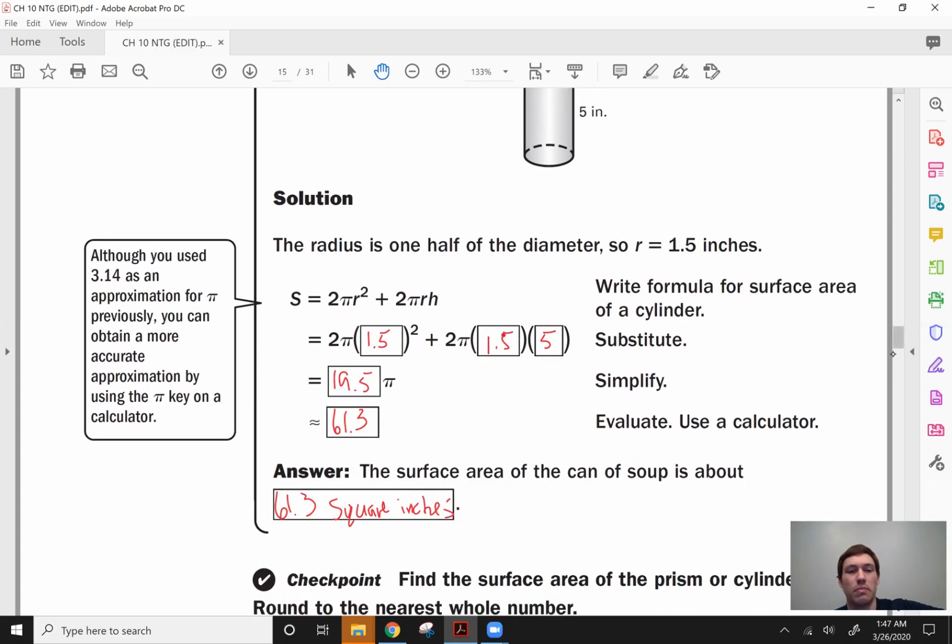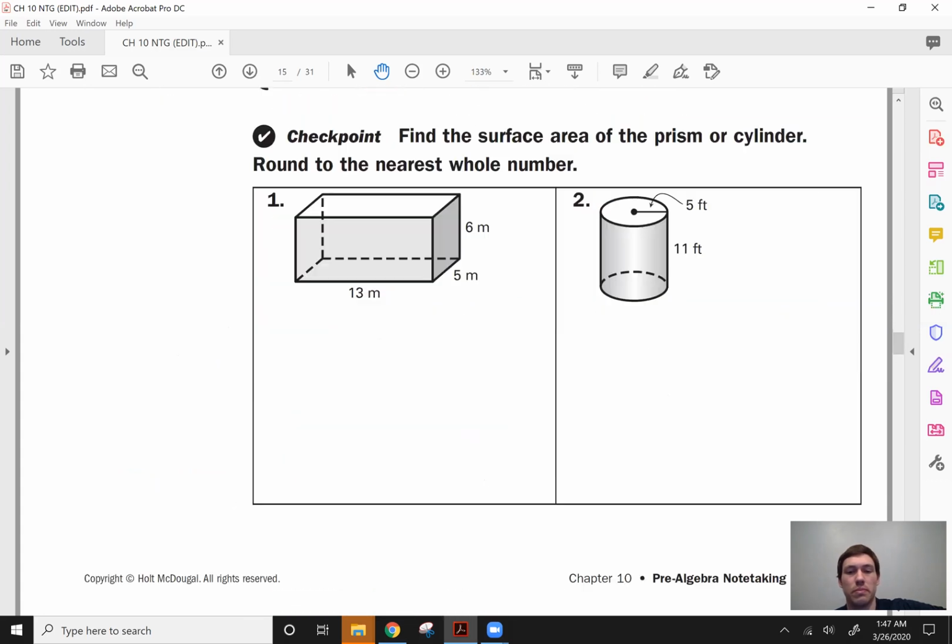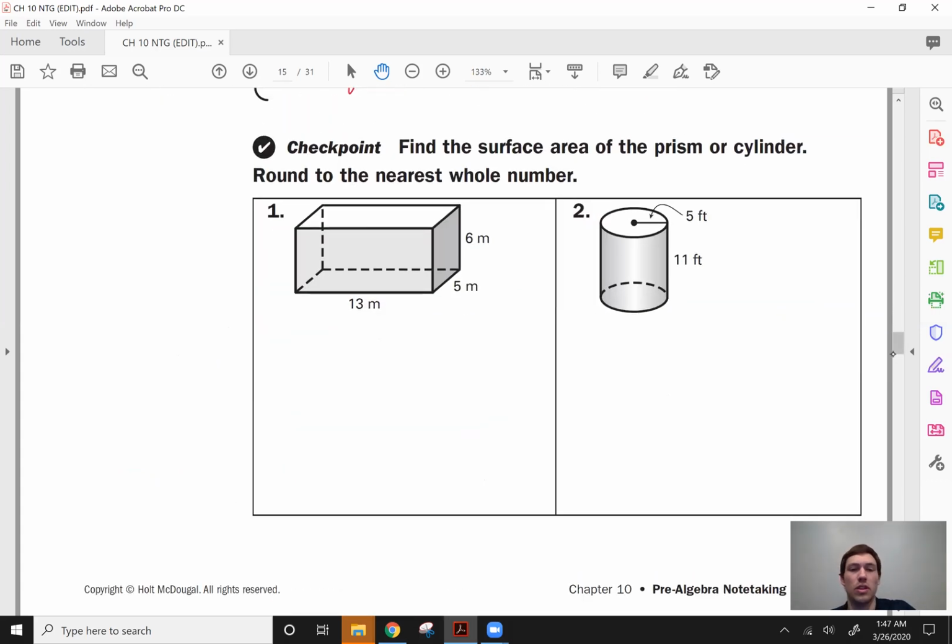All right. So let's go ahead and test these last ones. Find the surface area of the prism or cylinder, write down your answer to the nearest whole number. So remember, for the prism, area equals 2 times the base plus perimeter times the height.